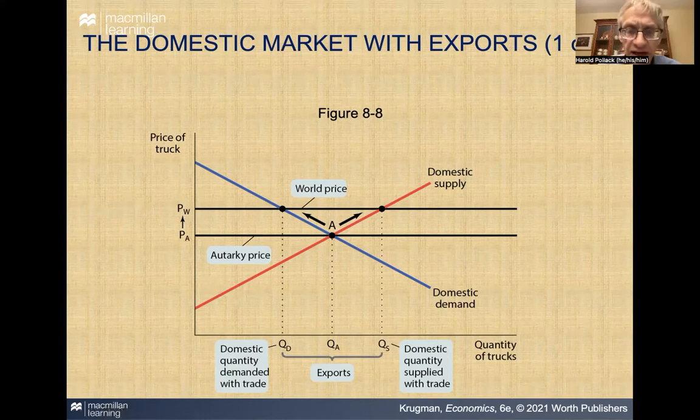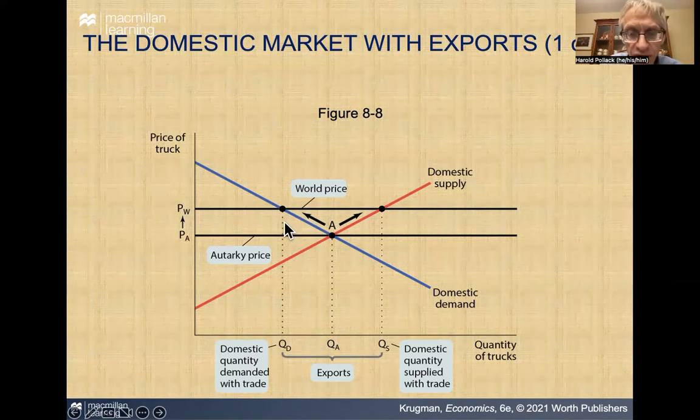And it's kind of the mirror image of the slide that we had before. This little part of the trapezoid now, that's sort of lost consumer surplus. And it is really being transferred from consumers to producers.